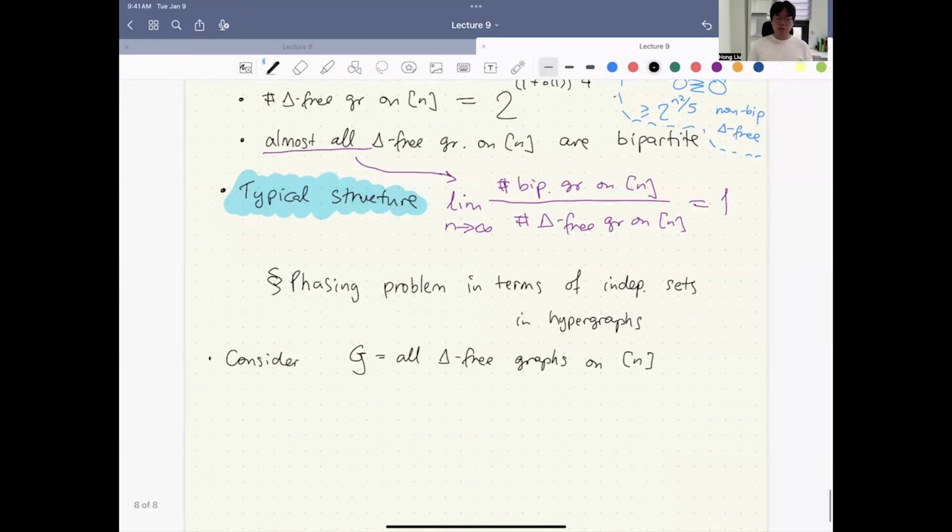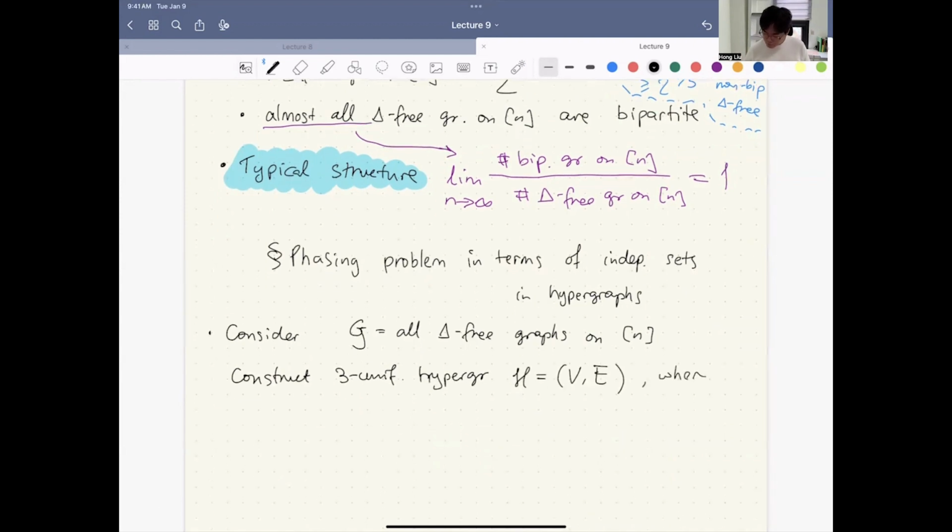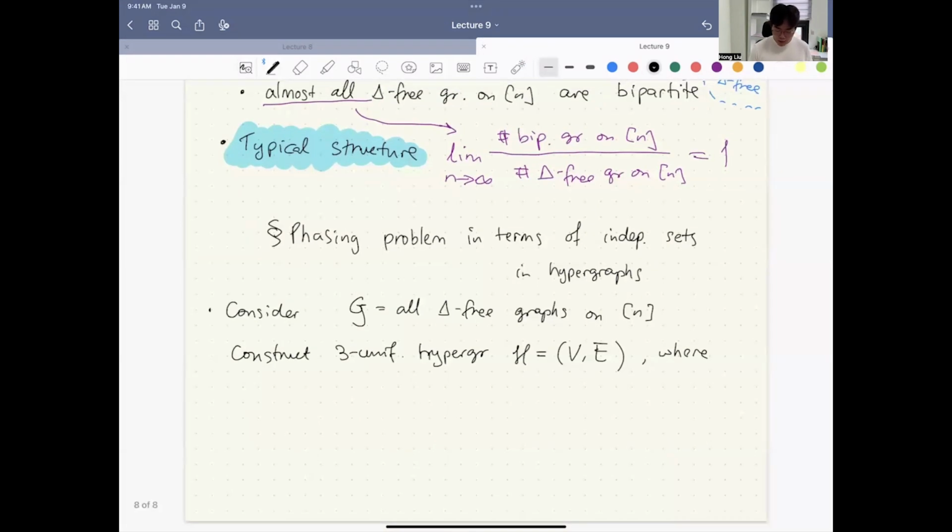Now we're going to construct a 3-uniform auxiliary hypergraph H with vertex set V and edge set E, where the vertices are pairs in [n], or you can think of it as the edges of Kn, all pairs in [n].